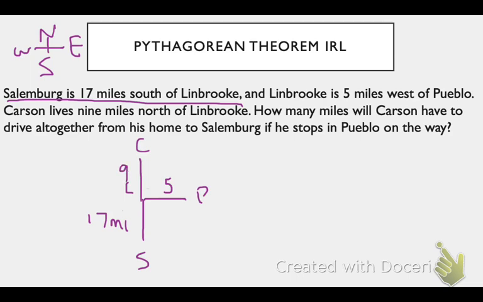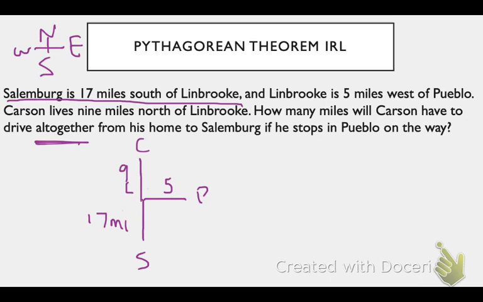All right, so right now I don't really have triangles, but you should be able to see that it's pretty easy to make them. So it says, how many miles will Carson have to drive altogether? And when you see the word altogether, often that means you're adding something. From his home, which is up here where C is, to Salemsburg, which is down here, but he's going to stop in Pueblo on the way.